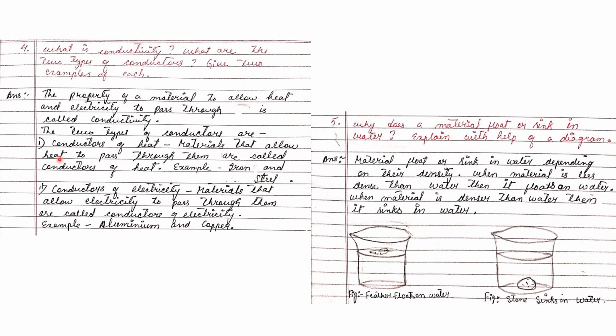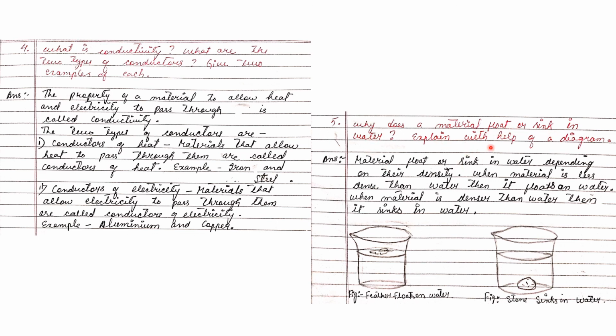Materials that allow heat to pass through them are called conductors of heat. Example, iron and steel. Now we will see conductors of electricity. Materials that allow electricity to pass through them are called conductors of electricity. Example, aluminium and copper.